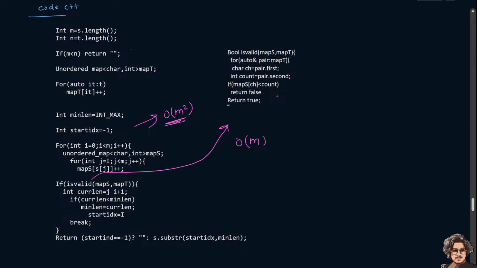So for that there is a sliding window approach. Why does sliding window work here perfectly? I have to justify this, and then I have to write the code for it.